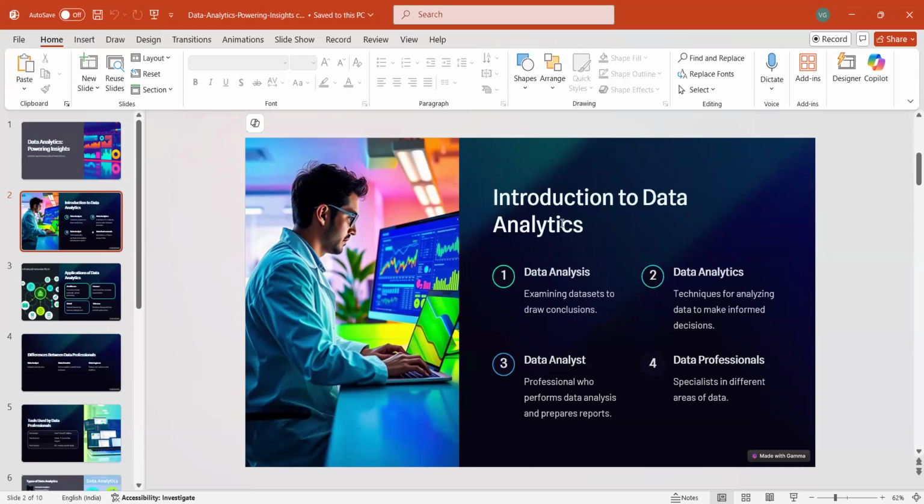That process is known as data analysis, examining the data sets to draw conclusions. You're not doing anything else there, just understanding, observing, and exploring the data. Analytics, again, is converting the raw data into meaningful insight.